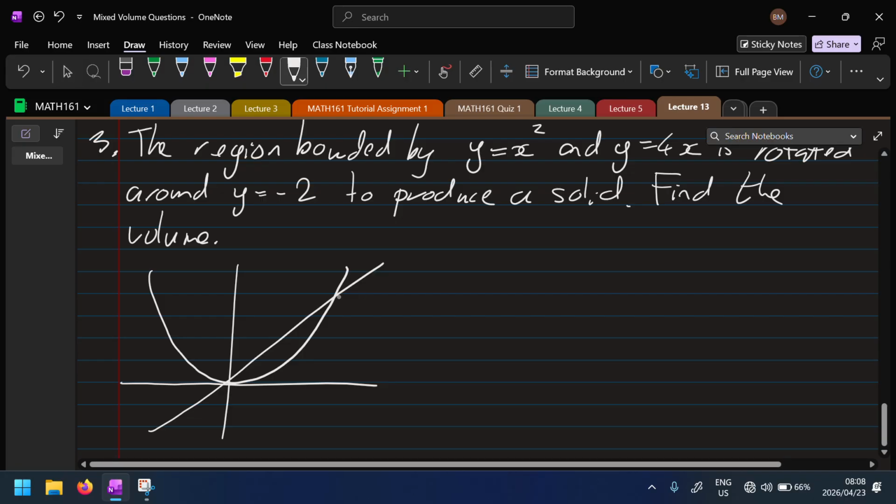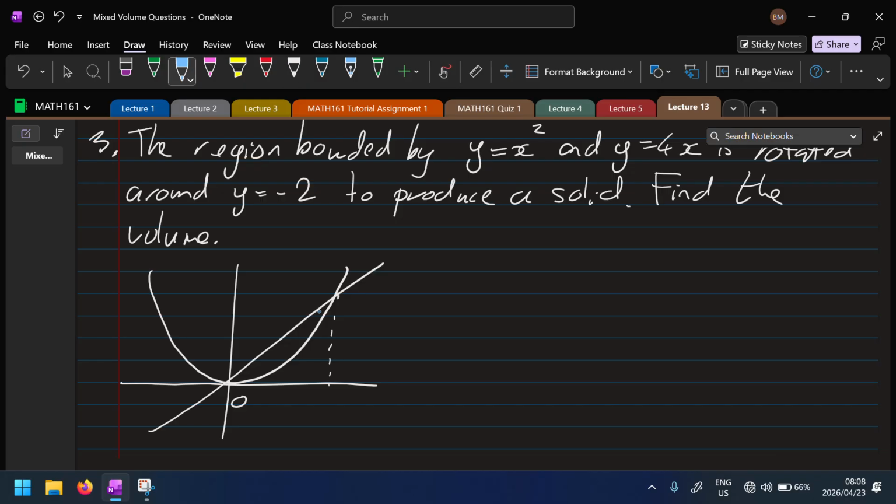Okay, so we're going to need some values here. We start here at 0. We got our bounded region over here. What about that intercept over there? What will that be? So this x value. 4, yeah. We might need the y value. What will that be? 16.